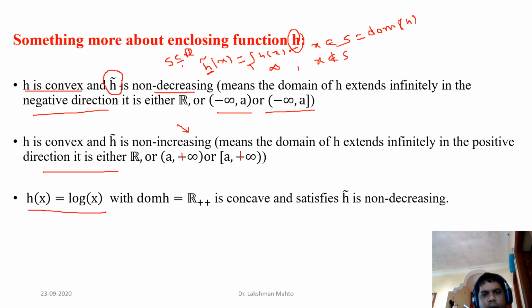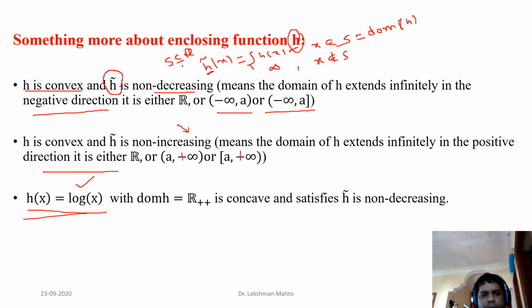So these are very interesting kinds of enclosing function H. Here we are taking H as log X. Log X can act as an enclosing function. So I had taken two criteria. If H is concave, then we need to put non-increasing, that means decreasing.